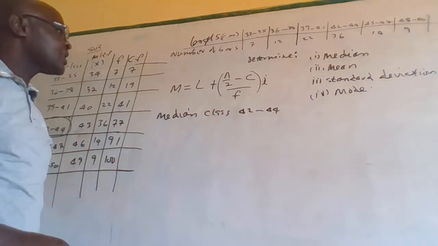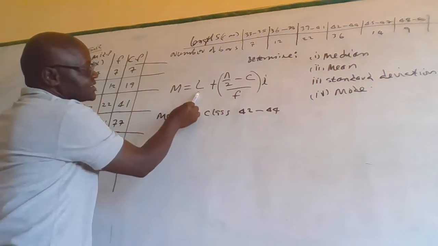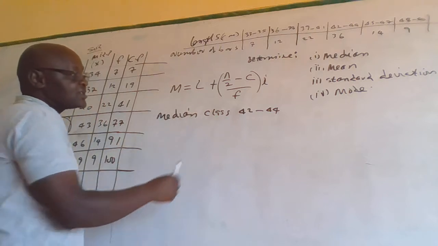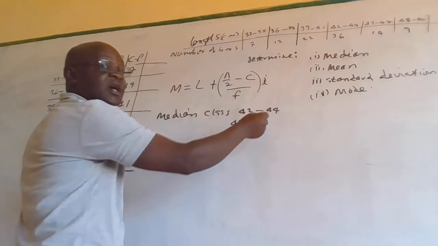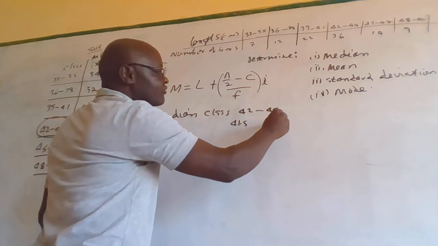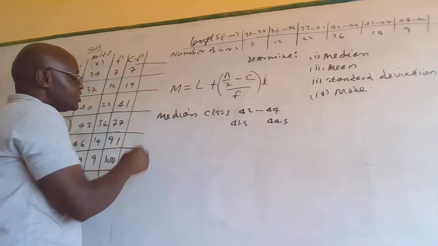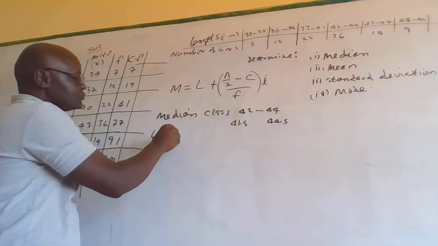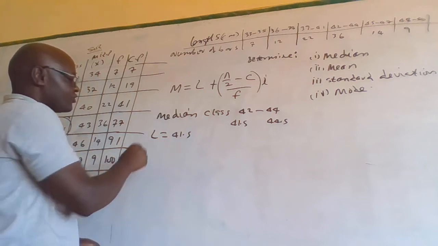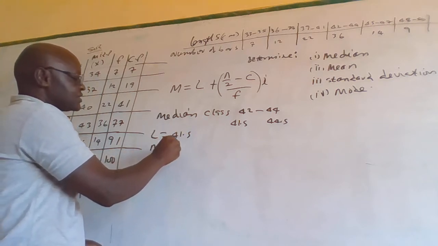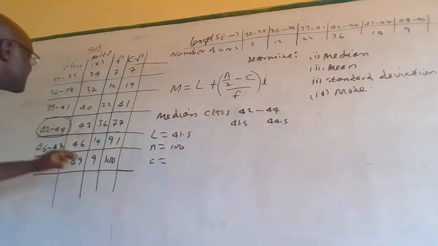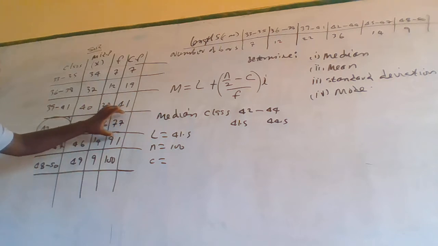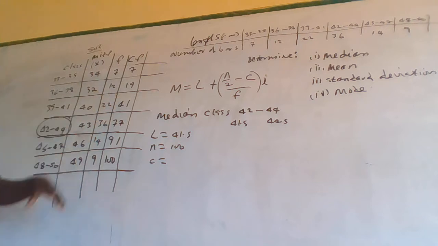The median class is 42 to 44. Now, L is the lower class limit of the median class. So the lower limit here is 41.5. The upper limit will be 44.5. Therefore, our L equals 41.5. Our N is 100. C is the cumulative frequency above the median class, which will be 41.